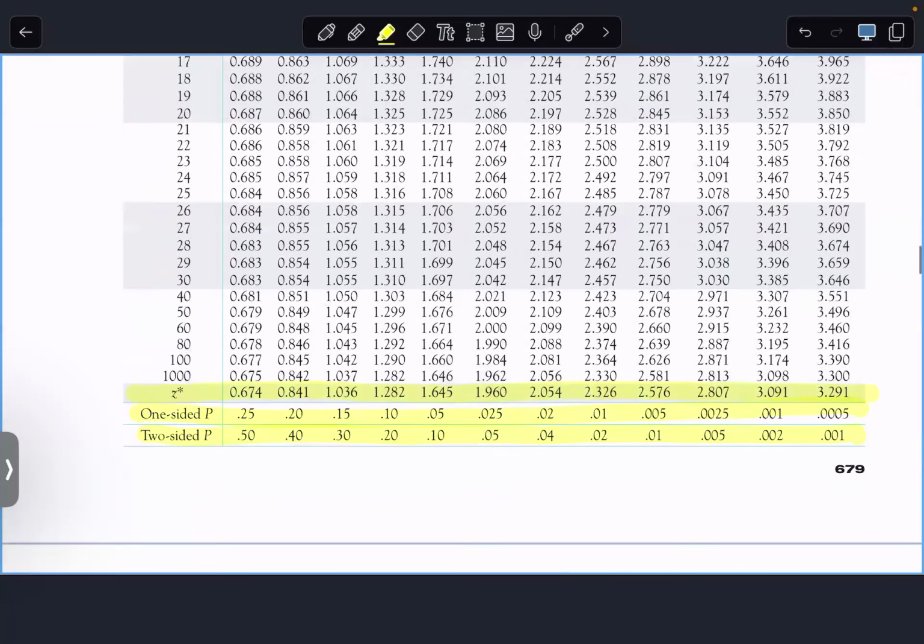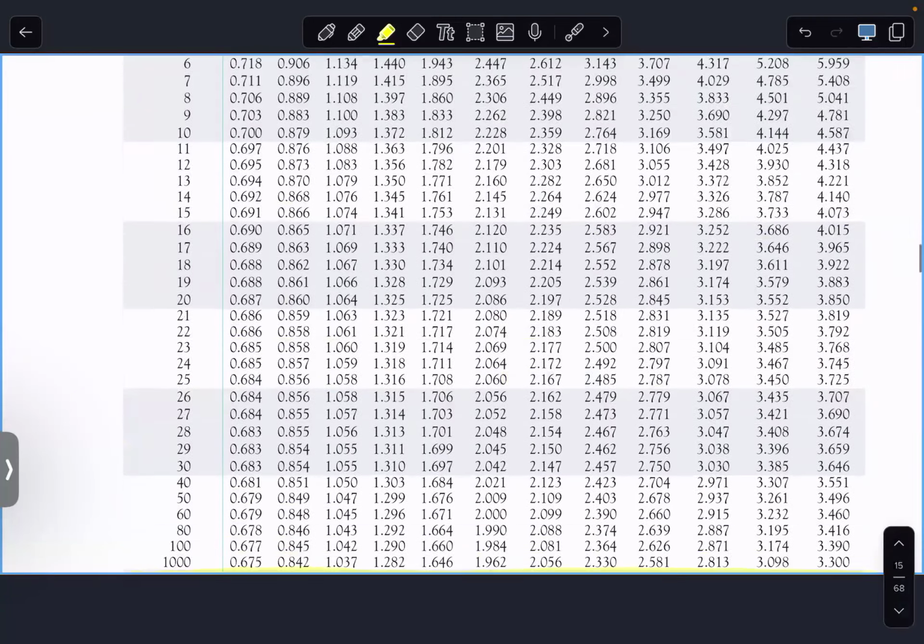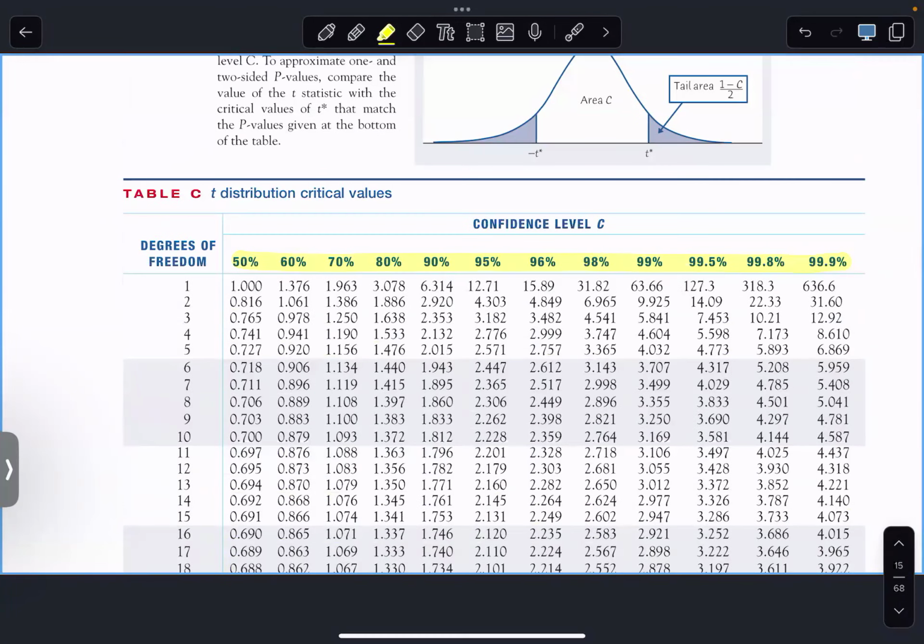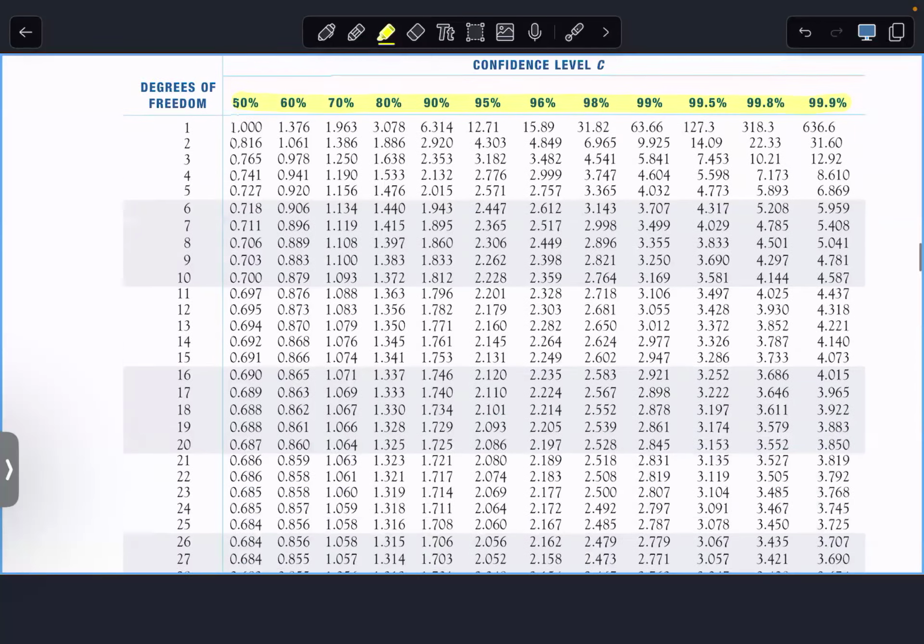So until way later, you can ignore everything else. What's nice about just starting in this table is we apply the same technique when we move into T's, which behave slightly differently. Okay, so we're going to work with Z's and T's eventually.